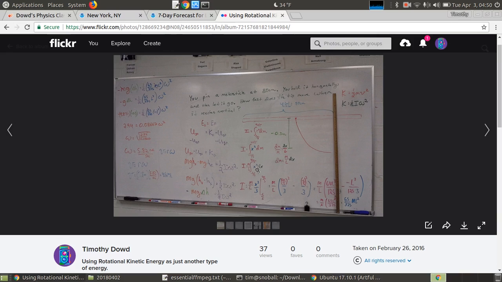And once we have that, we can just plug into our energy equation and we end up with a value for omega. Since it asked about the tip of the stick, we use v equals R omega with the whole length of the stick as R. We get our answer. I know this looks different, but it's just another conservation of energy equation. Just like the other ones were all just force equations.